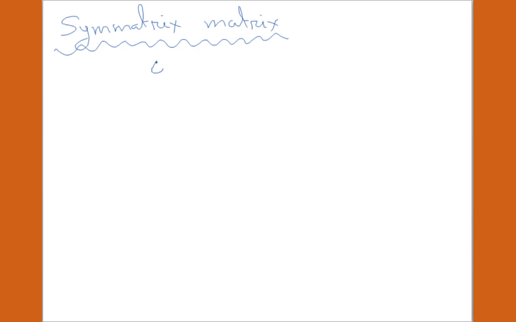So symmetric matrix and skew symmetric matrix. So what is a symmetric matrix? If Aij equals Aji.